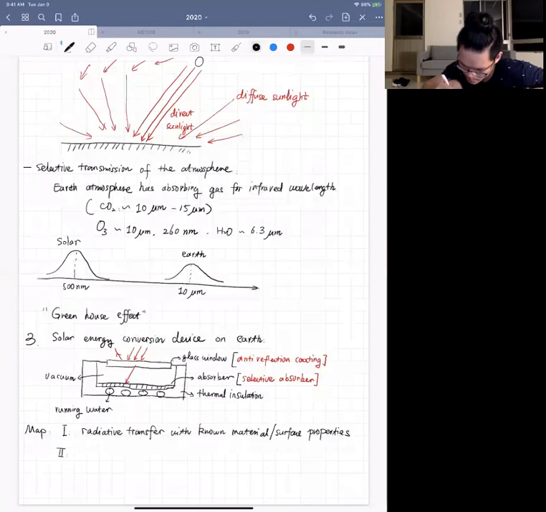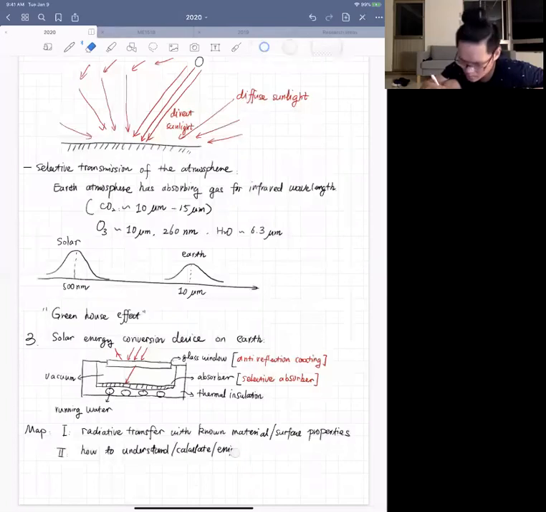But after that, we're going to talk about some new material. The second part of the class, we're going to talk about how to understand, calculate, and engineer radiative properties of materials.